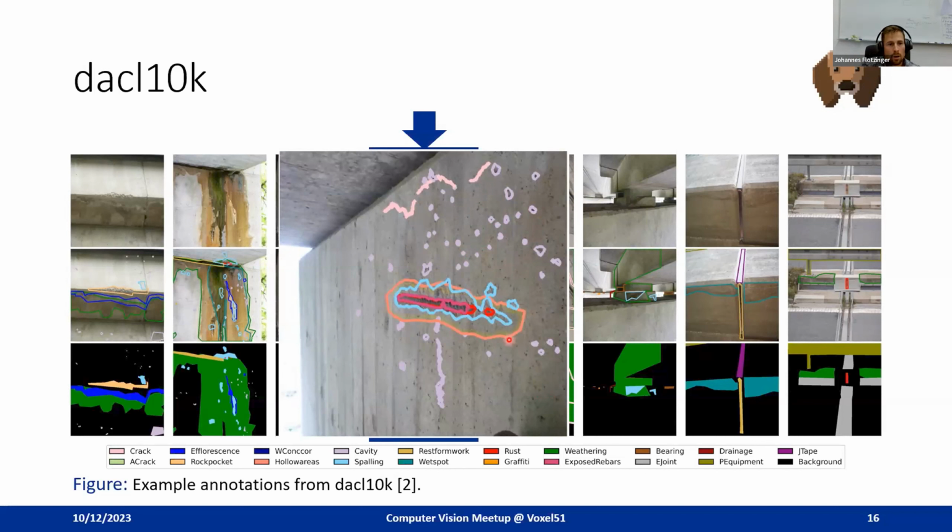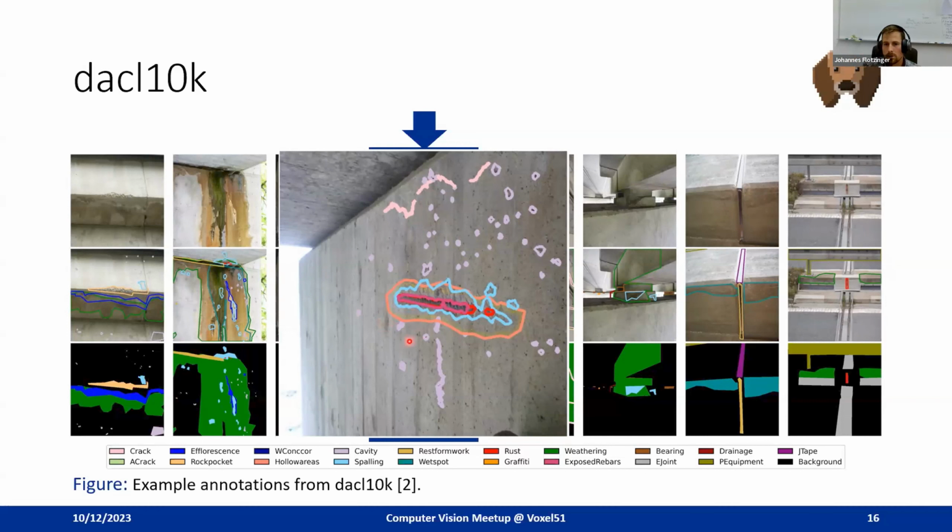Then we have a hollow area, meaning that there is hollow concrete, but we can only analyze it visually, of course. So we don't recognize the hollow area itself, but indirectly we recognize it still, because usually inspectors, when they detect a hollow area, mark it with chalk, and that's what we recognize here.